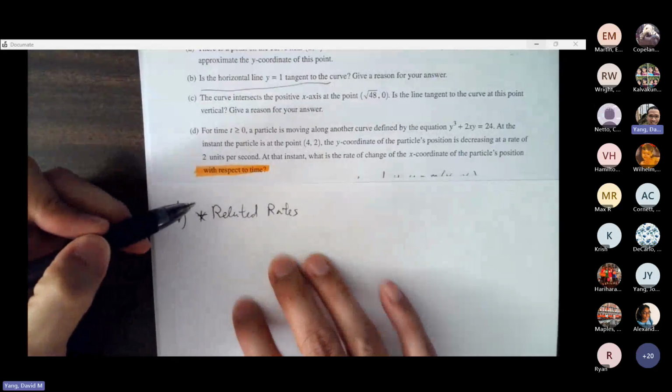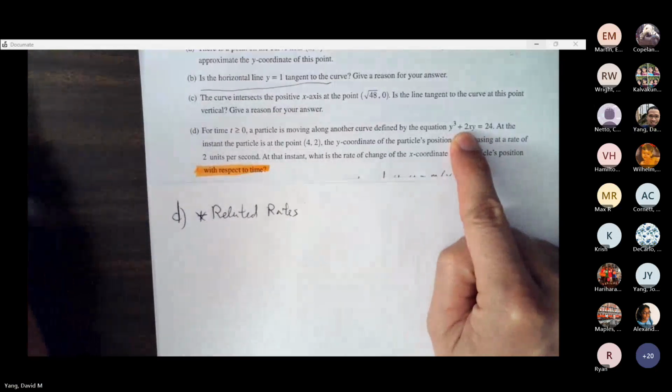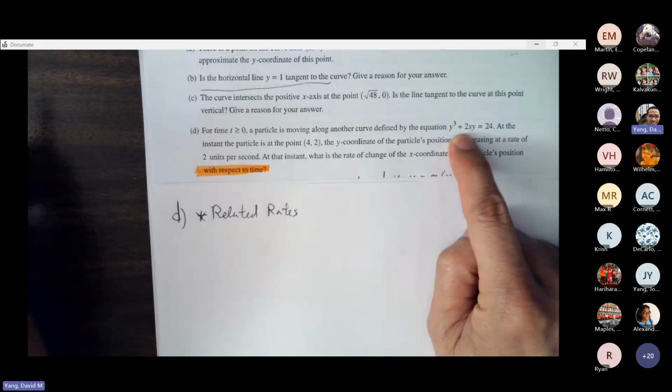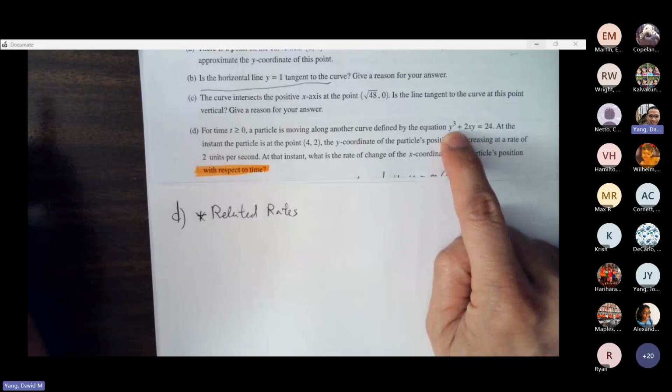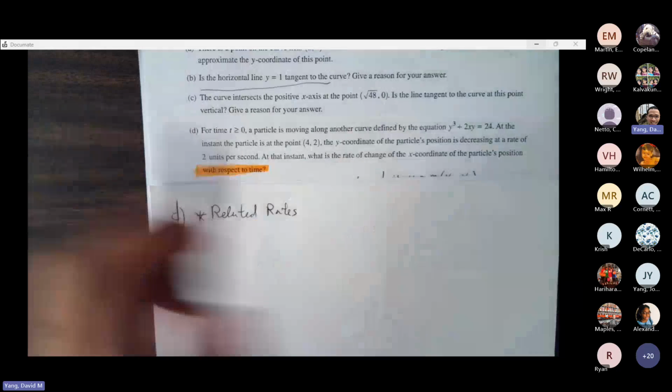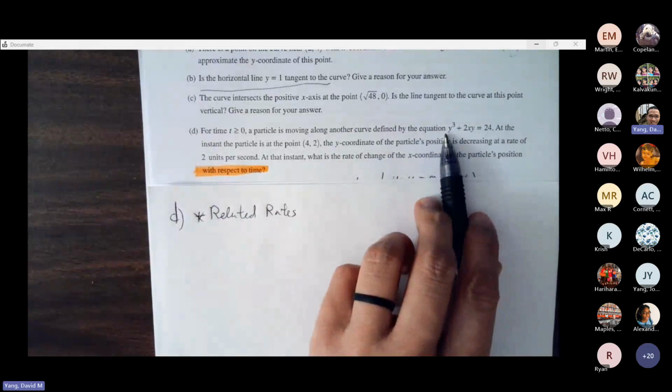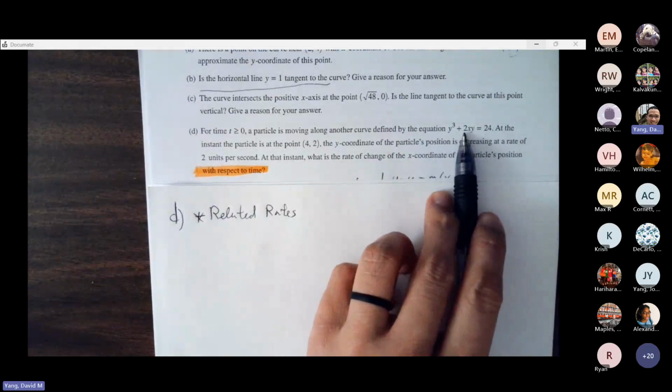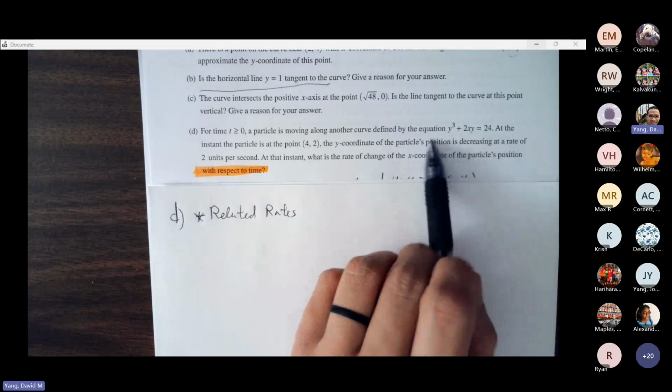So related rates is taking our equation, finding the derivative, and everything is getting impacted by time. So every variable we see is going to produce a d over dt. We see y variable, it should produce a dy dt. We see x variable, we should produce a dx dt.